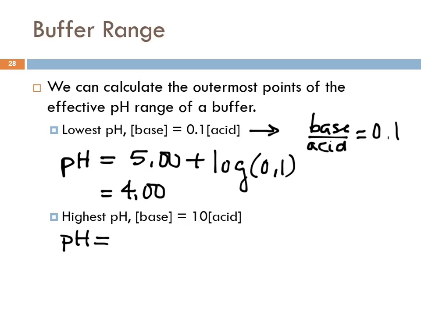The highest range in which this imaginary buffer with a pKa of 5 is going to be effective will be that 5.0 and here we're going to have the log of 10. What's the base 10 log of 10? 1, but it's plus 1. And so here it's 6.